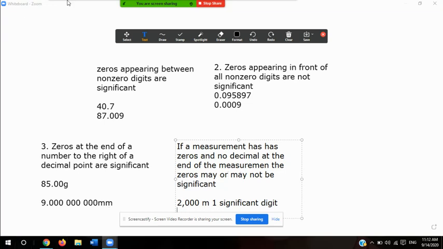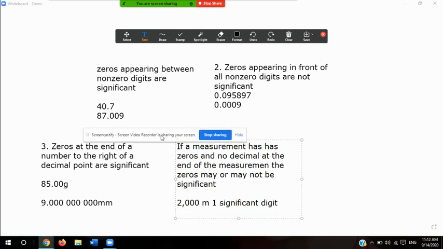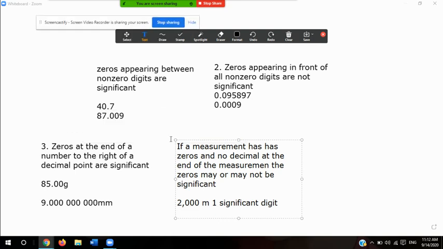However, in the opposite case, where I give you the same measurement, 2,000 meters, but there's a decimal point at the end, the decimal point is right there.